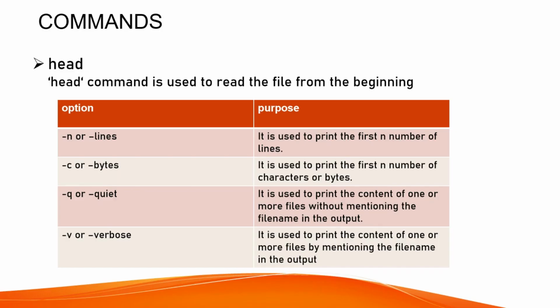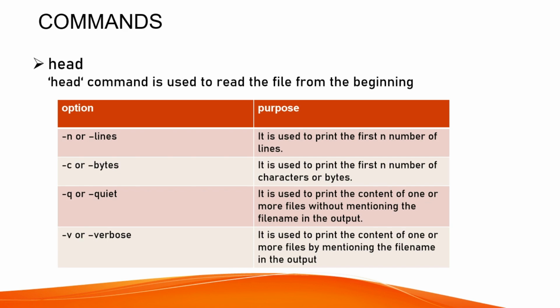The first command we are going to discuss is head. As the name suggests, head is used to read a file from the beginning, and here are some of the options, or parameters, which you can use with the head command. The first is -n, which gives you the first n number of lines. -c gives you the number of characters or bytes, and -q prints the content of one or more files without mentioning the file name in the output.